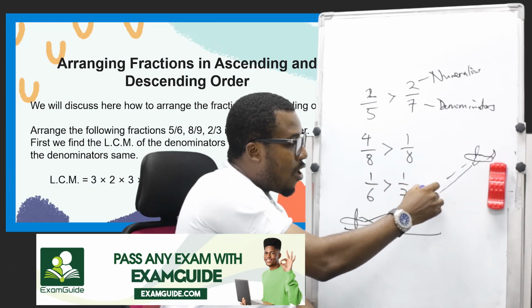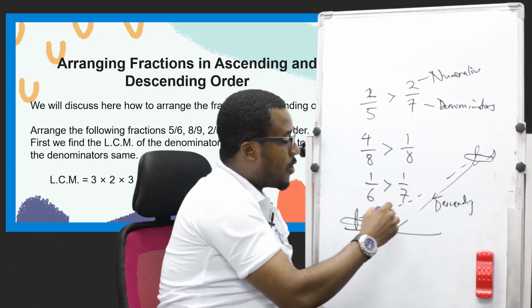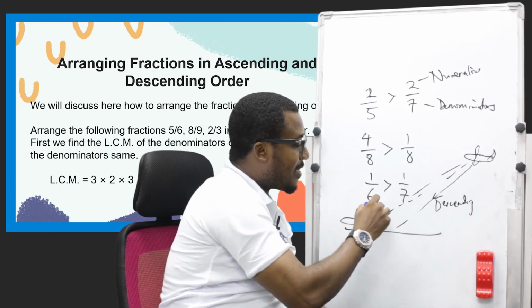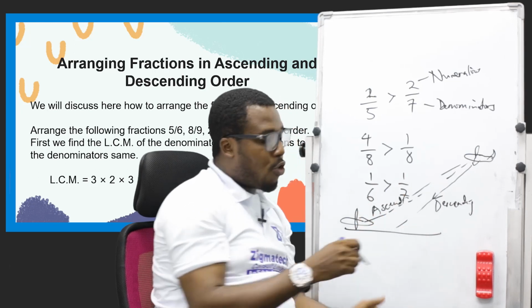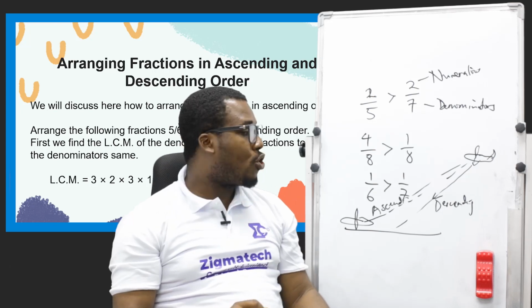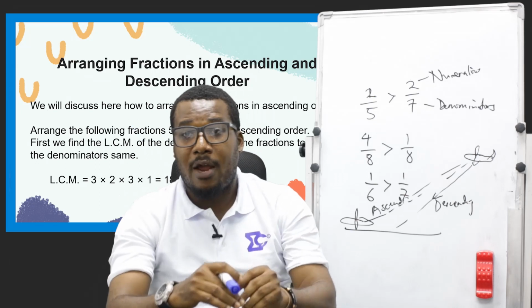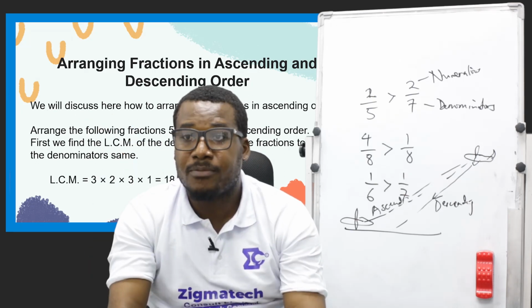When it's coming down, this is descending. When it's going upward, this is ascending. So we are talking about going from the lowest point to the highest point.